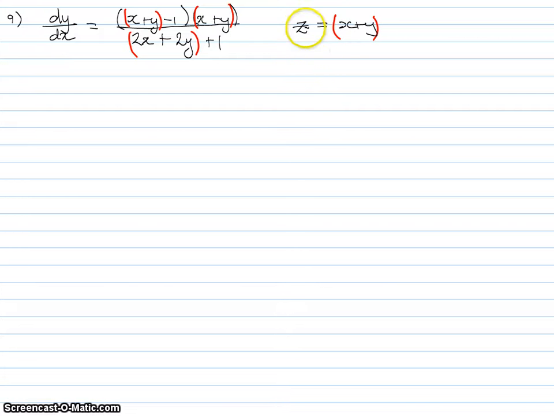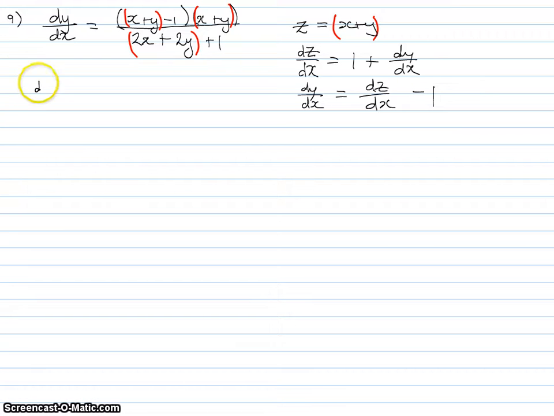Second thing I'm going to do is find out what dz by dx is equal to, because I can get it by differentiating this equation. Differentiate x, I get 1, differentiate y, I get dy by dx. In other words, dy by dx is equal to dz by dx minus 1.